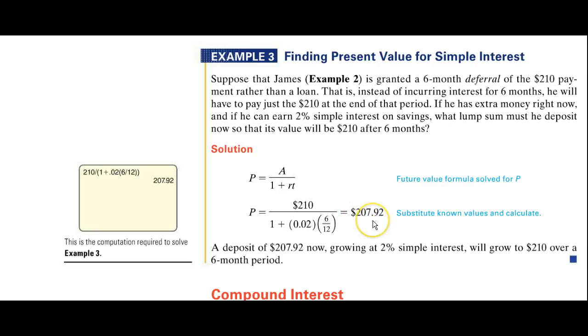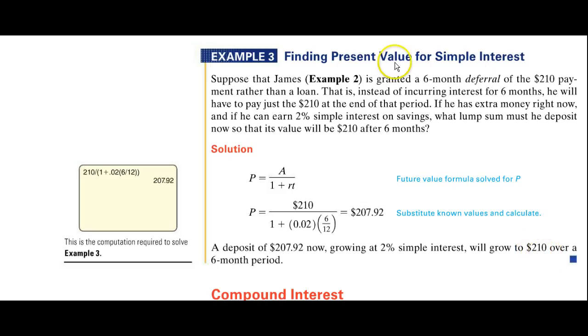So what is this? Well, this is the amount you would have to invest or put into the bank initially, so that after a period of 6 months, it would then be worth $210.